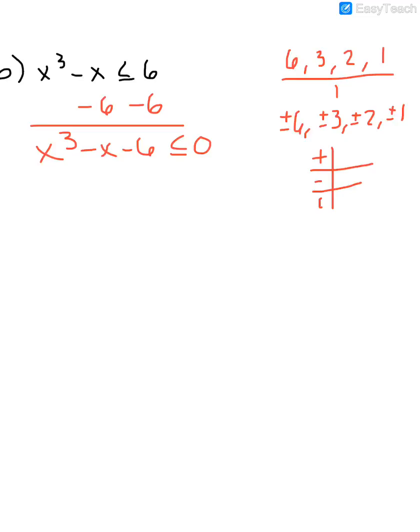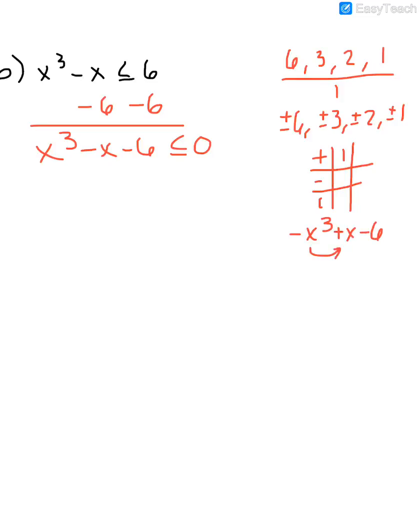Here I would say that there's one change from the cube to the negative x, but then that's it. So there is one positive here. Because it's cubed, let's plug in negative x here. So I get negative x cubed, I get a positive x, minus 6.